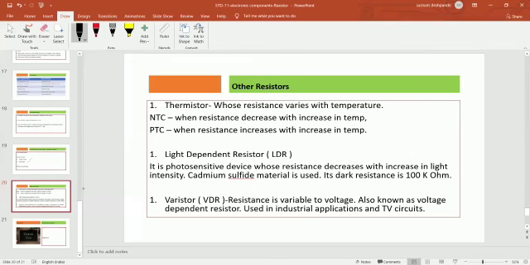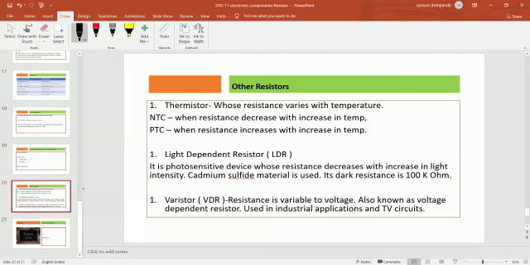It is inverse: increase in temperature, decrease in resistance. And PTC: when resistance increases with increase in temperature, that is positive, therefore it is positive temperature coefficient. So thermistors are of two types, NTC and PTC.